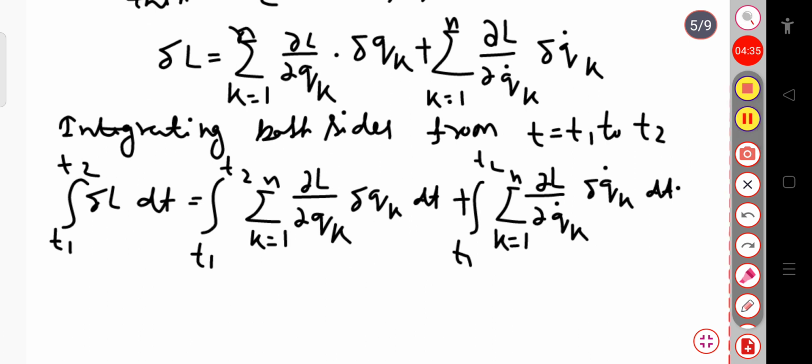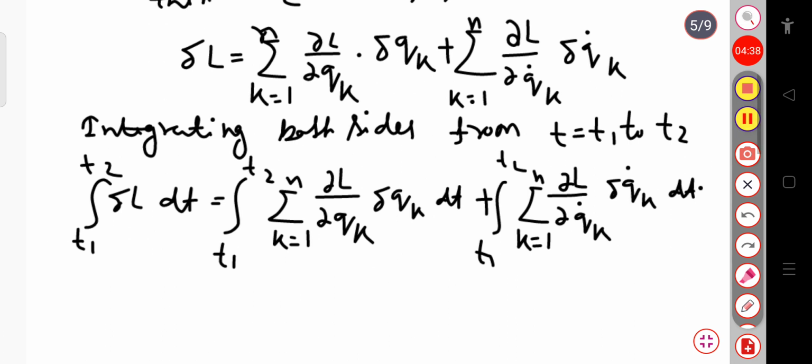But if I use the Hamilton's principle, then the integral of delta L dt equals 0. Since we know from the Hamilton's principle, if this integration of L dt gives the extremum value, that is the stationary value, then delta L dt gives you 0. So this is your Hamilton's principle.